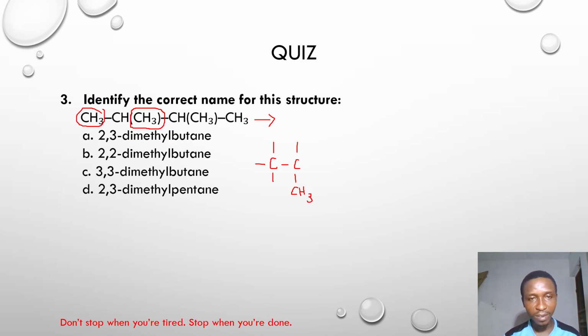Then also we have CH. The second hydrogen atom here has also been substituted by an alkyl group, which is methyl. Then we also have CH3 at the terminal, which is normal.